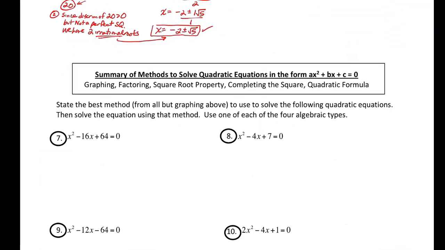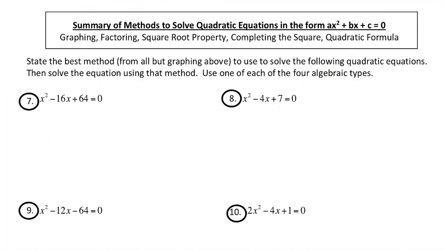And then the last part, we have kind of a summary of what we've talked about in the past several lessons. Summary of methods to solve a quadratic equation in the form ax squared plus bx plus c equals 0. We have graphing. Typically we don't use graphing because it takes a while to graph by hand, but we have 4 main approaches.